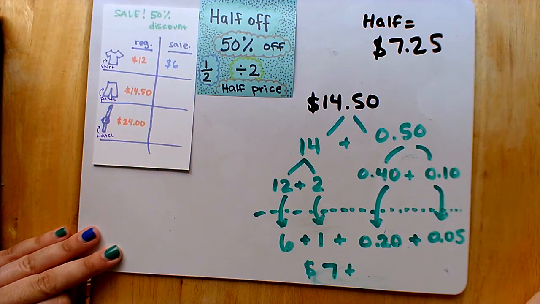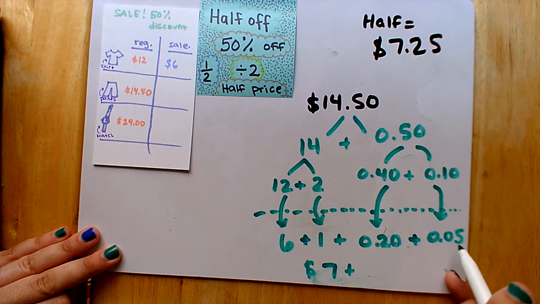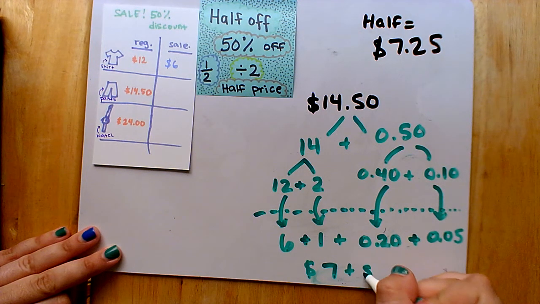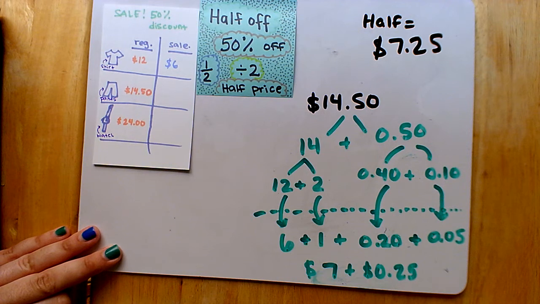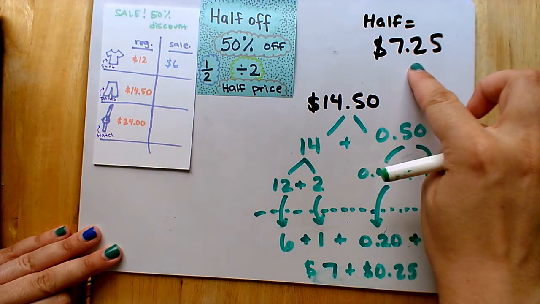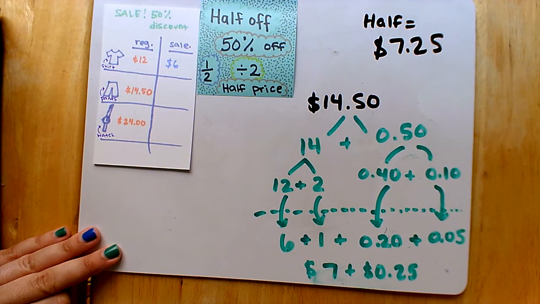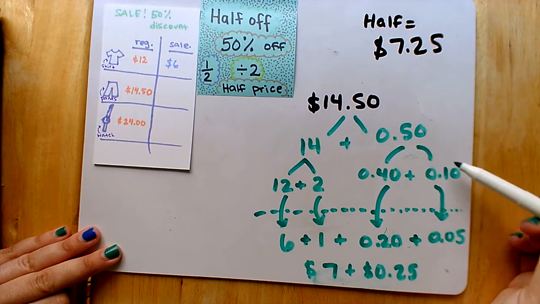Sorry. 20 plus 5 cents, 0.25. If I add those two together, I will get, once again, $7.25. This way is meant for you if thinking about quarters doesn't come easy.